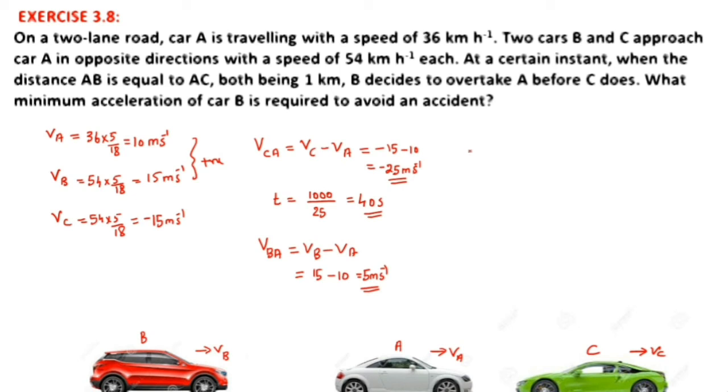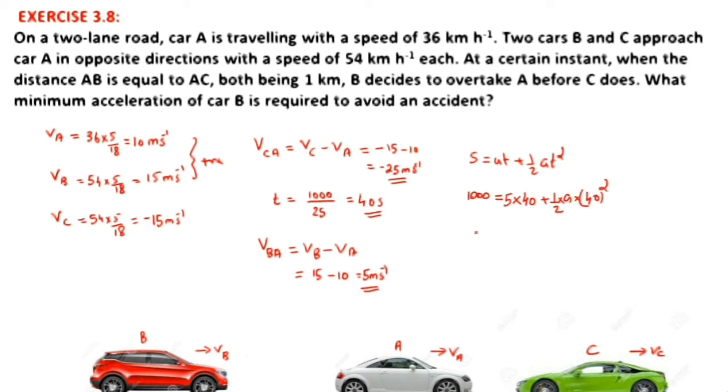We can use the formula S is equal to ut plus half at square. The car B must cross car A in less than 40 seconds, so the minimum time is 40 seconds. Substitute for S: S is the distance between car B and car A, which is 1000 meters, equal to 5 meter per second, the speed of B with respect to A, into the minimum time of 40 seconds, plus half into a into t square, where t is again 40.